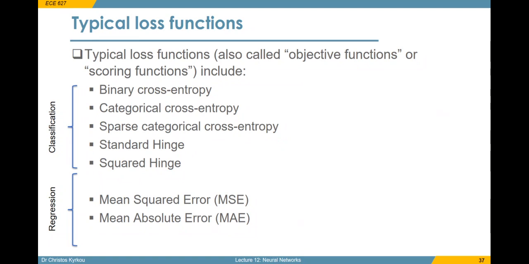So that is either a binary cross-entropy loss for binary problems, or the categorical cross-entropy for multi-class problems. We also have sparse categorical cross entropy and the hinge loss for classification. So for regression, where we want to estimate a continuous value, we have the mean squared error and the mean absolute error.